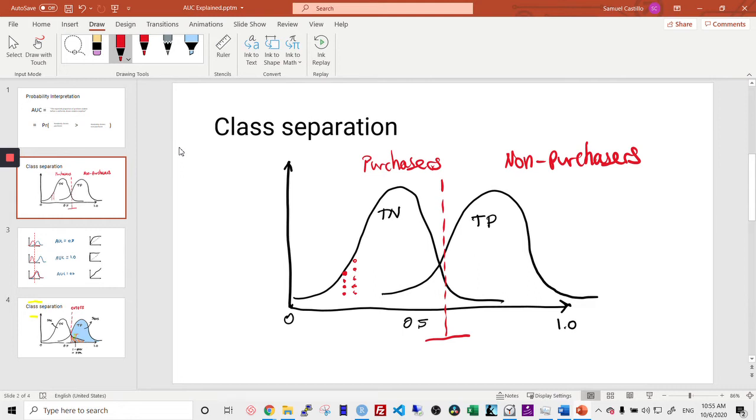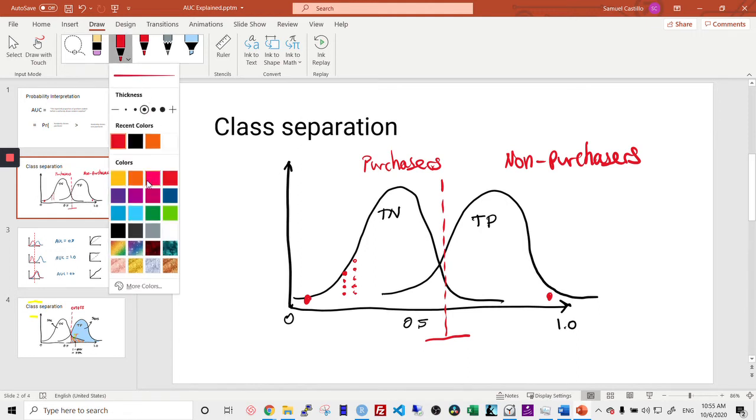So this person way over here might have a probability of purchase of 0.1, whereas this person all the way over here has a predicted probability of 0.98. And you know from the actual data that this person actually purchased and this person didn't.